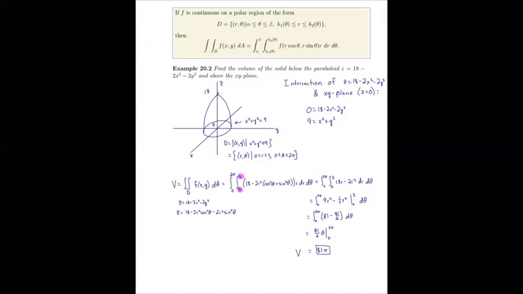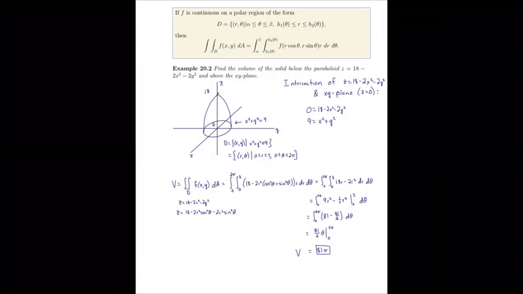So it's a very special case of this general h1 of theta, h2 of theta. We input our function 18 minus 2 r squared cosine squared theta, that's x squared, and then minus 2 r squared sine squared theta, that's the negative 2y squared that we had previously. We see r from the integral formula here, and then dr d theta, of course.